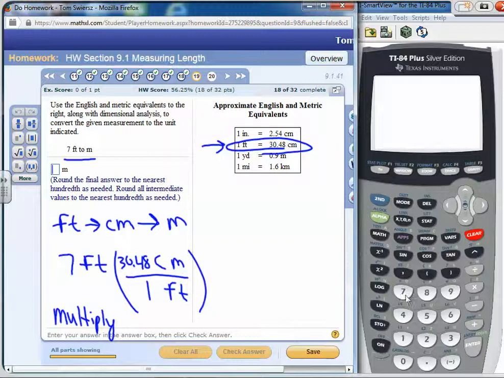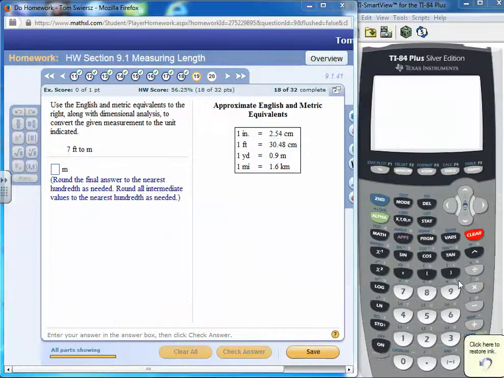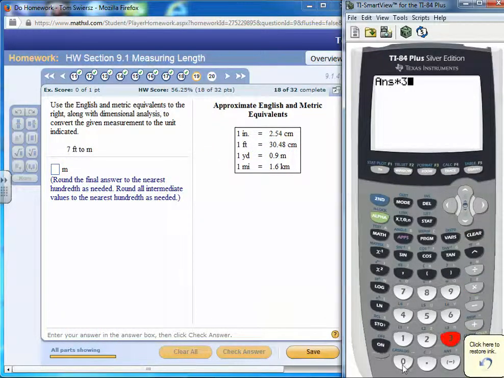7 times 30.48, and that gives us 17,000.